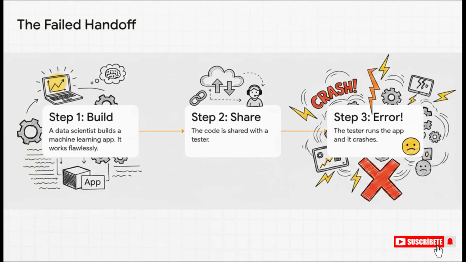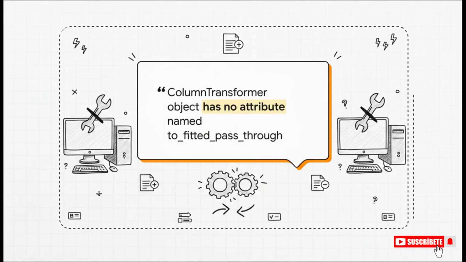So check this out. Our data scientist finishes the laptop price predictor. It's working perfectly. They push the code up, share the link with a tester, and feel pretty good about it. The tester downloads it, fires up the application, puts in some laptop specs, clicks predict, and bam, crash. A big, ugly error message. And this is what the tester sees, just this wall of cryptic text.